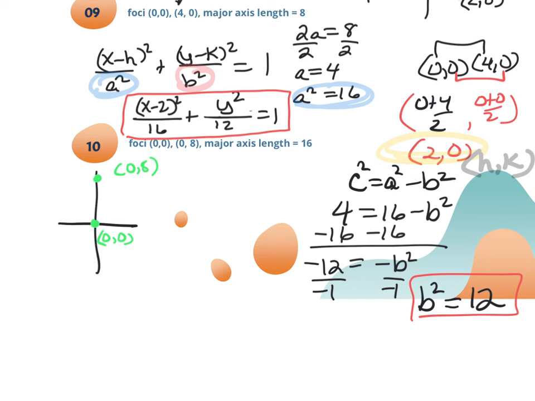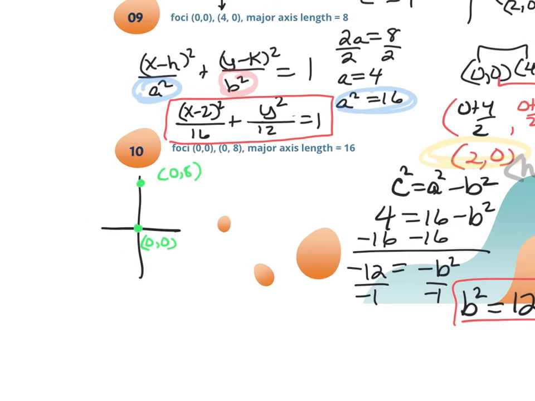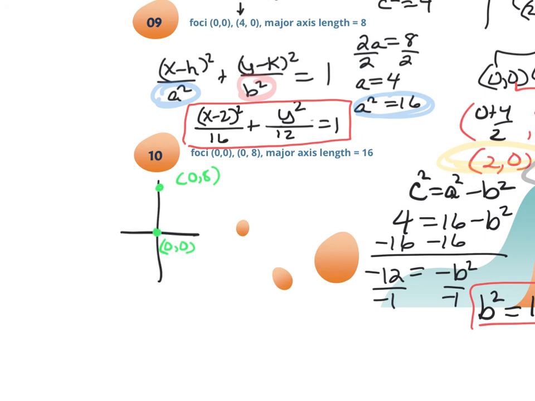Remember, the center will be the midpoint between those 2. So you can do the midpoint formula, 0 plus 0 divide by 2, 0 plus 8 divide by 2. So 0, 4 is my center point. You could have also just counted the spaces. So that's your center.